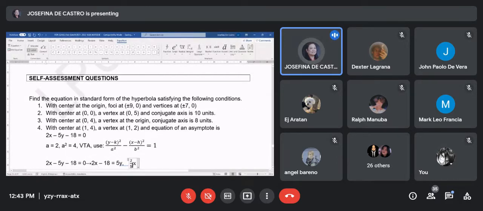2 over 5x minus 18 over 5 is equal to y. Therefore, ang aking slope ay two over 5.